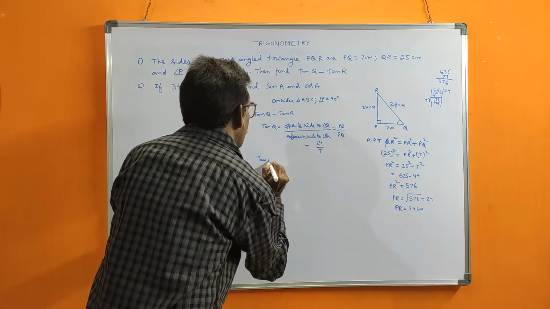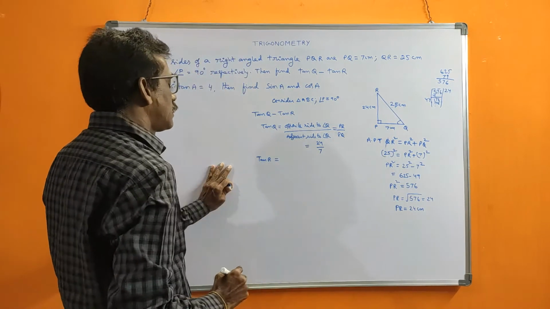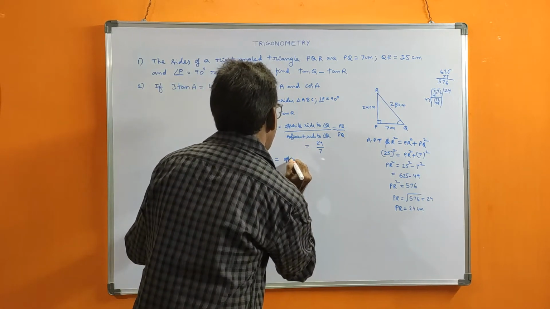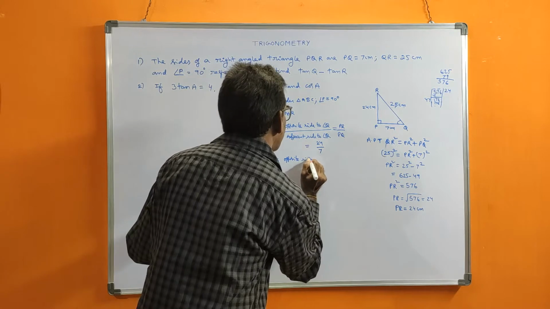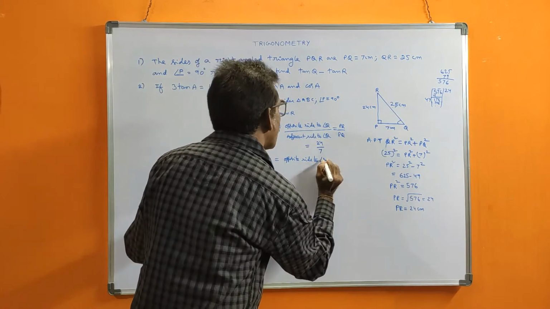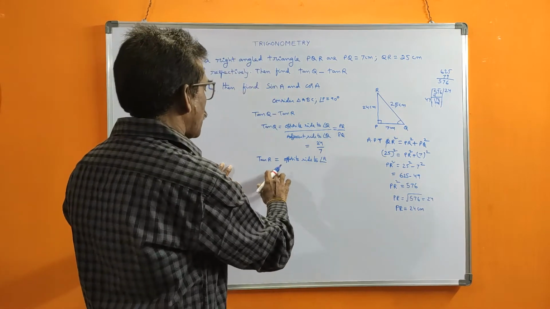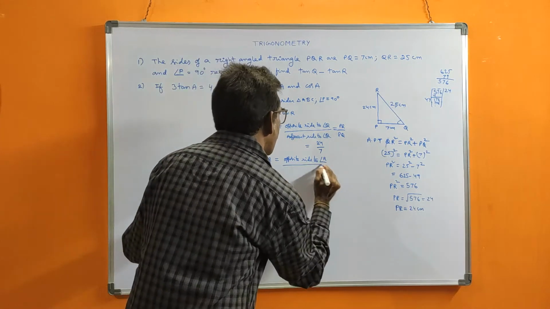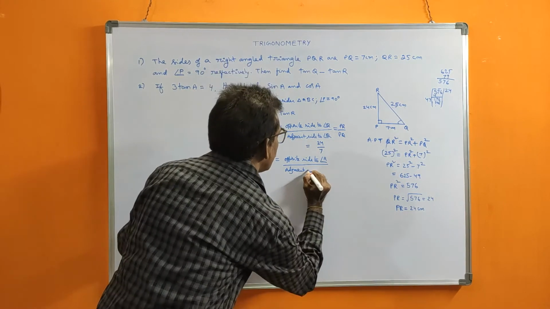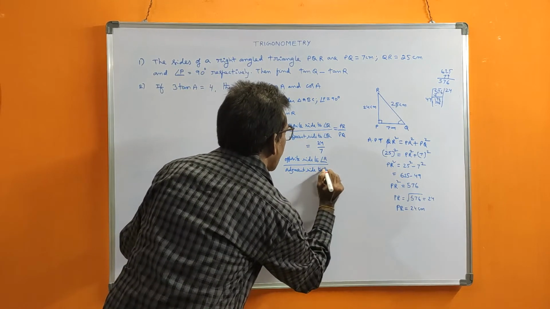Next, tan R. Tan formula, again the same: opposite side by adjacent side. But here, instead of angle Q, you should write R. So always the tan formula is opposite side by adjacent side. Write the adjacent side to the angle we are considering.